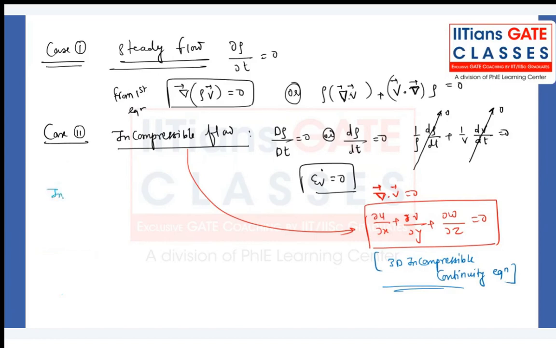Incompressible fluid means density has to be constant. Density cannot be a function of either x, y, z, and t.